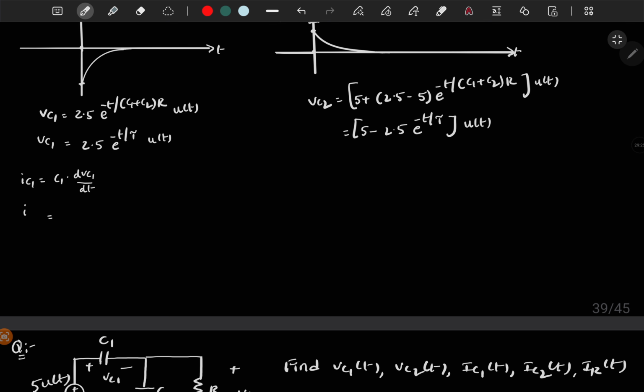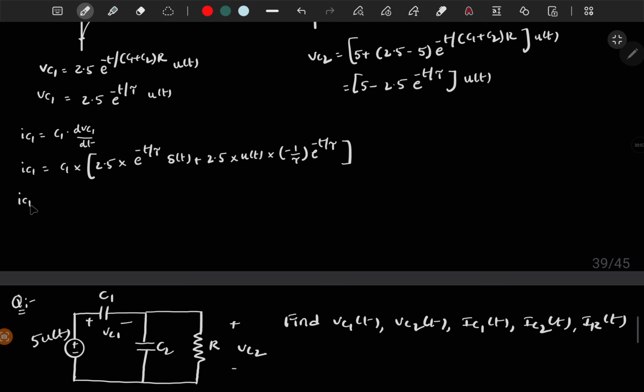So IC1 is C1 times, if you have two different time varying functions, 2.5 times, first keep this same and differentiate u of t, you will get del of t, plus 2.5 times, keep u of t same and differentiate this one, which is minus 1 by tau e power minus t by tau.